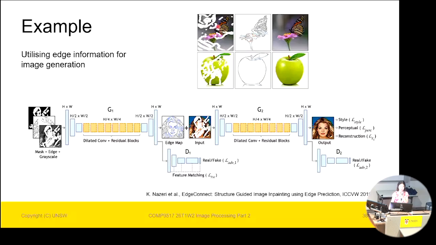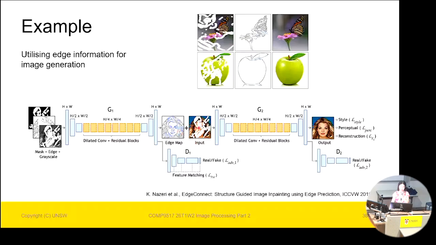That means you have an image, but some of the regions are missing for whatever reason, and you want to fill in those regions so you get back a natural looking image. This is a very famous study, and it's actually quite intuitive, a simple framework.